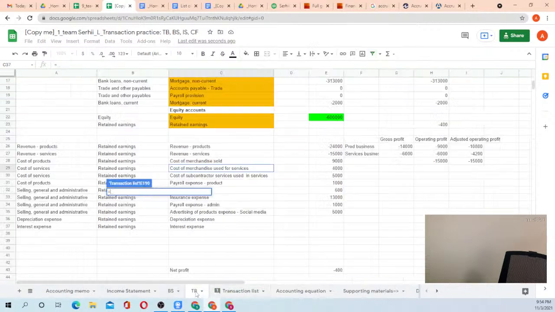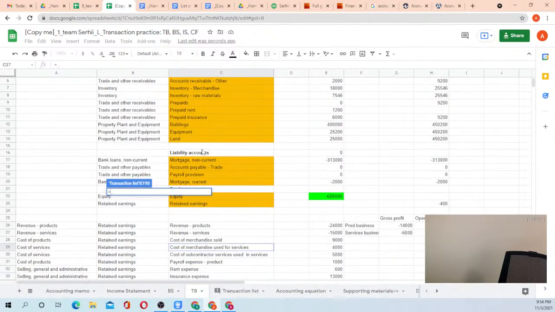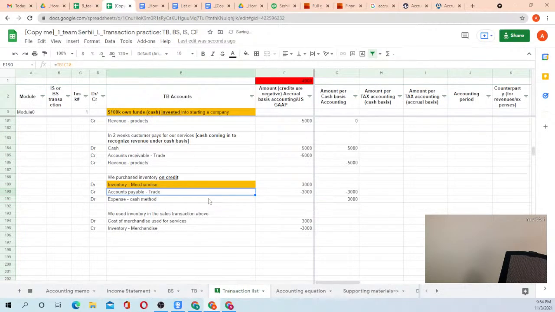Let me use an account from the trial balance. Accounts payable trade. And in that situation, there is no impact on cash basis accounting. So we recognize the trade payable and we expense the inventory, but we still have that trade payable, so we have to pay for inventory purchased.